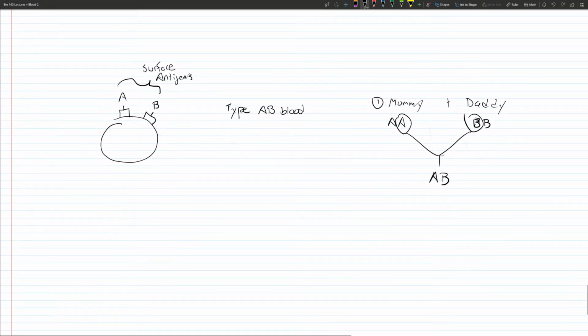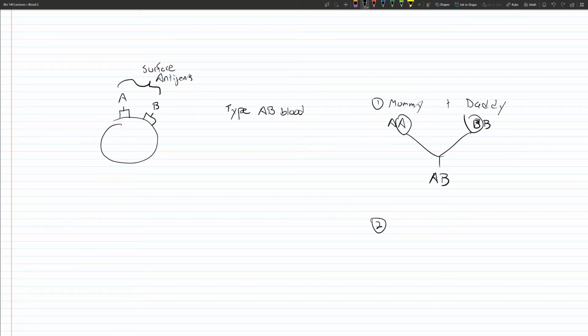Or the second scenario, you have mommy and dad. Let's say she's AB and dad is AB. That means you get A from mom and B from dad, or you can get B from mom and A from dad. Now, mommy can also be BB and daddy can also be AA. So it doesn't matter. You just see how it combines together.